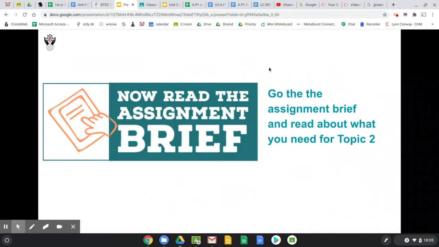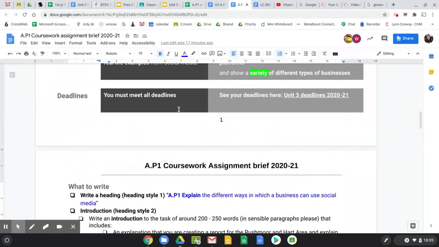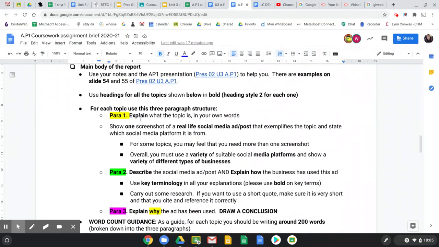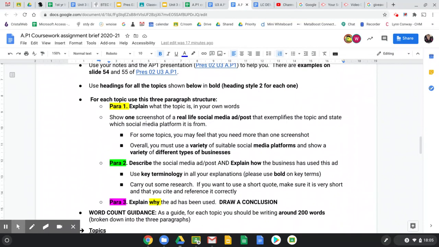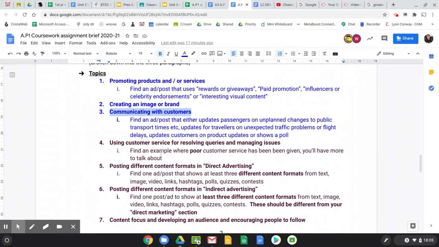So in your assignment brief, you then write your 3 paragraphs using that same 3-paragraph rule, putting your screenshot in about the brand that you've decided, and talk about how brand is developed using social media.